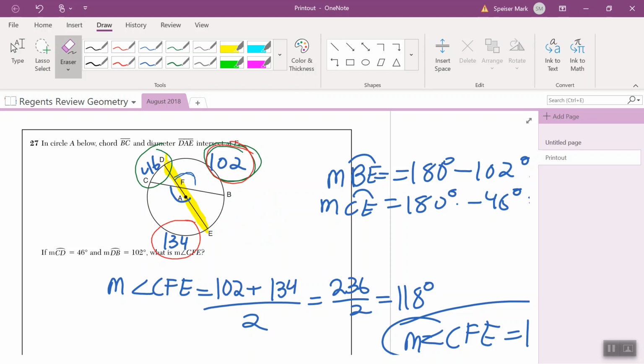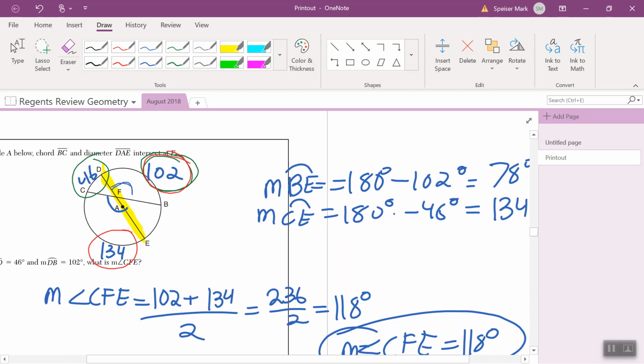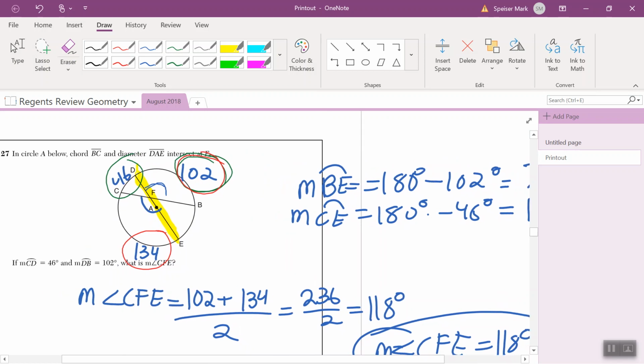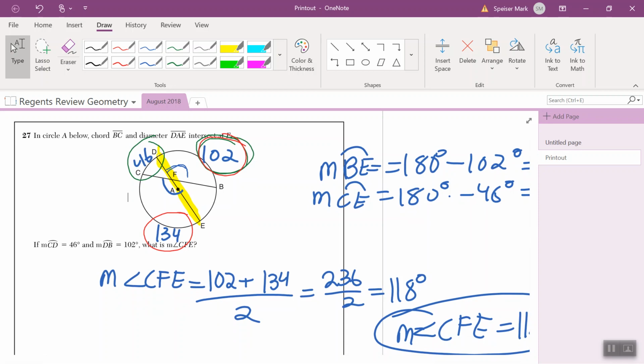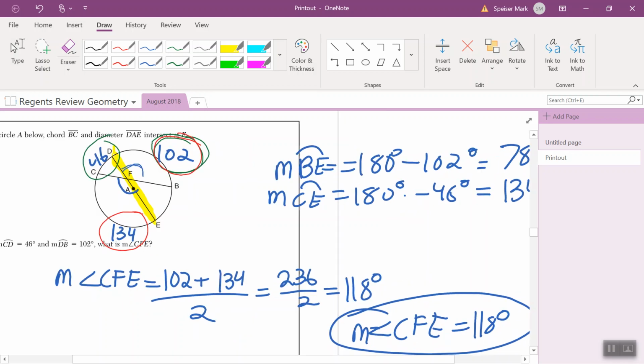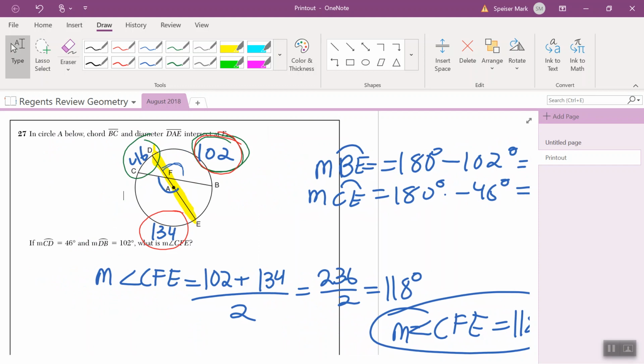To find the first one, 180 take away 102 degrees will give you 78 degrees, which you don't need. But the other one, to get arc CE, take 180 minus 46, and we get 134 degrees. Now we need these two arcs, this one and this one.